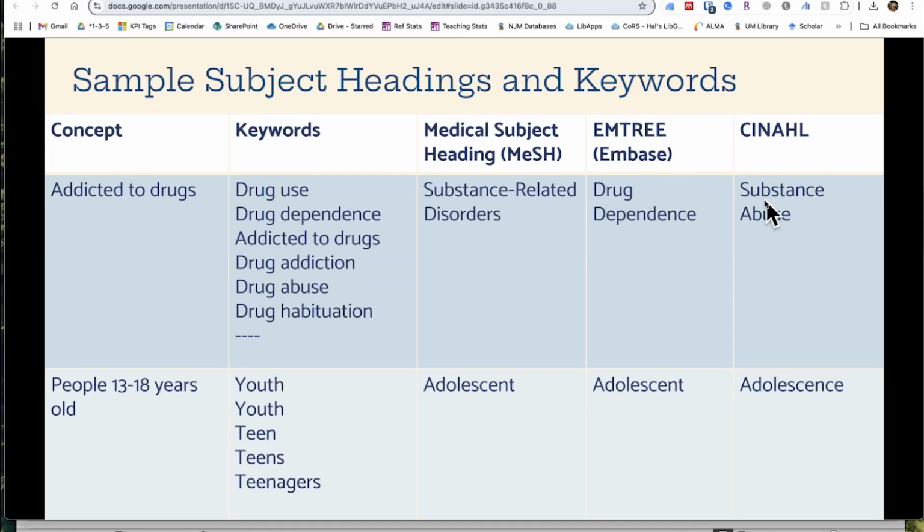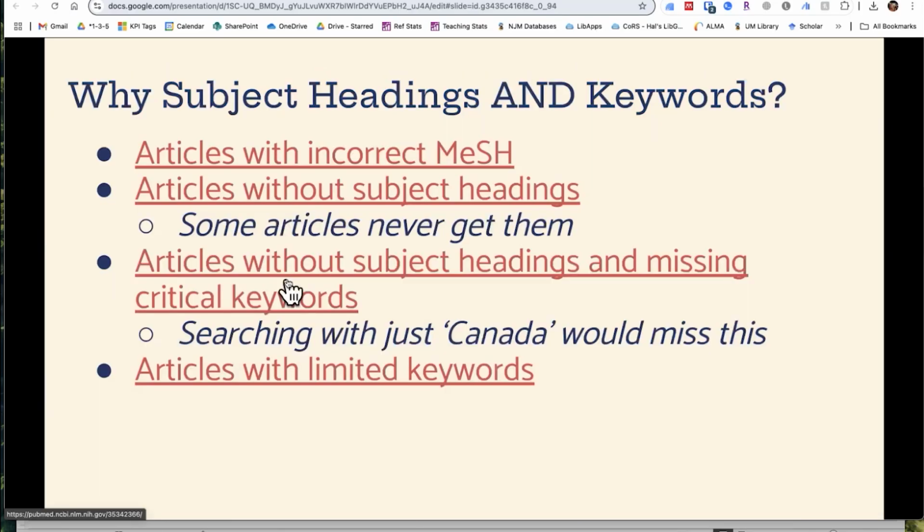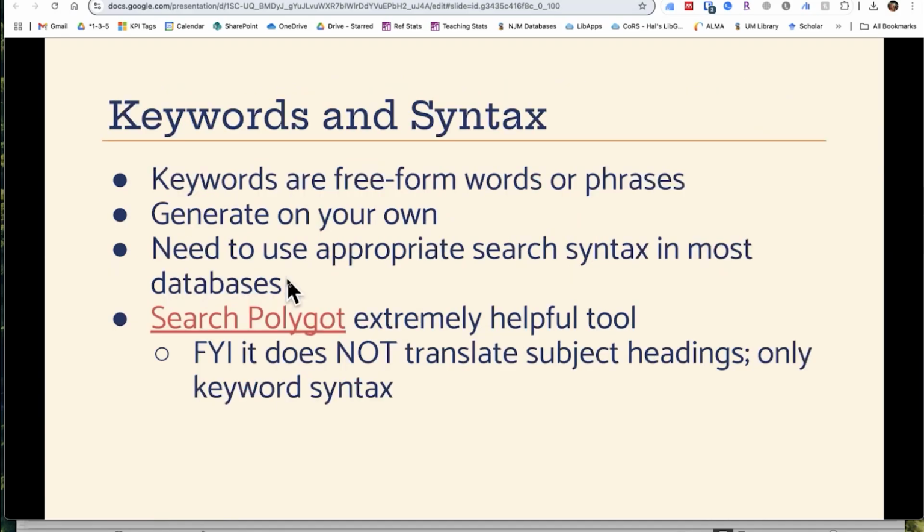So you can see that sometimes they're really similar, adolescents versus adolescent, but there is variation. So this is partly why systematic reviews take time. You have to do a good search, and that can take time to really get familiar with all of these parts. Okay. So those are subject headings.